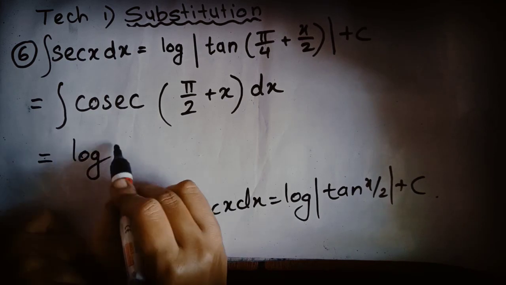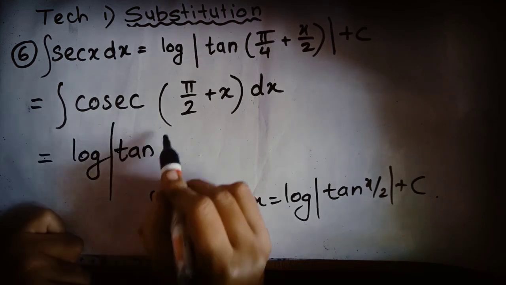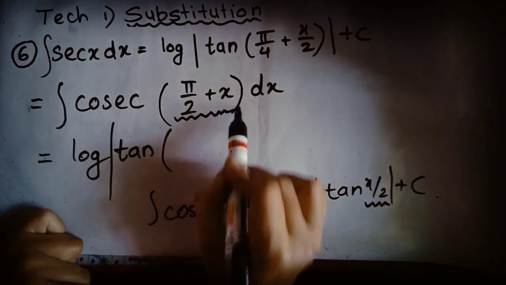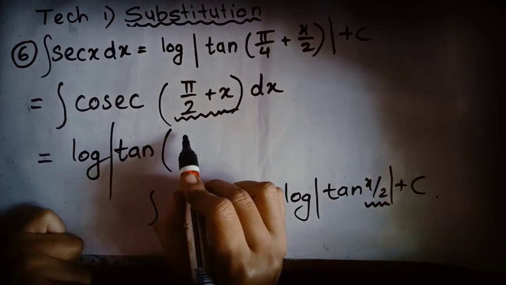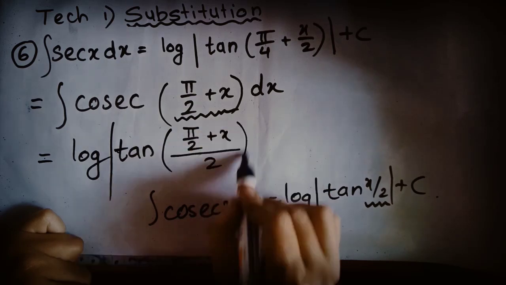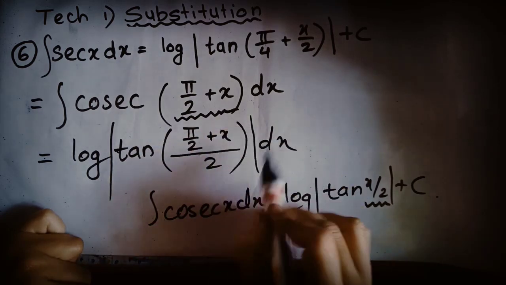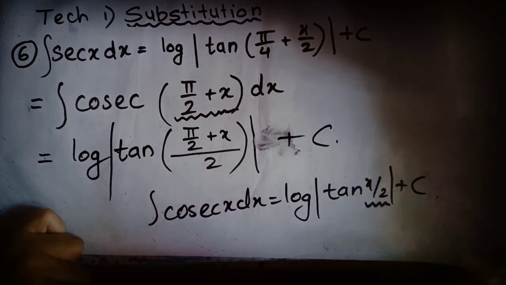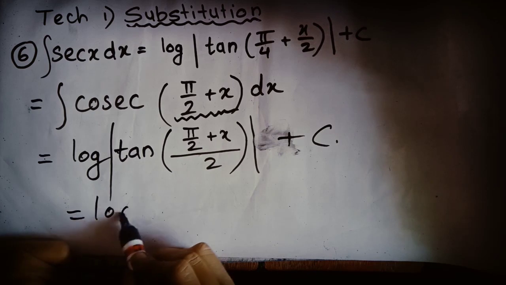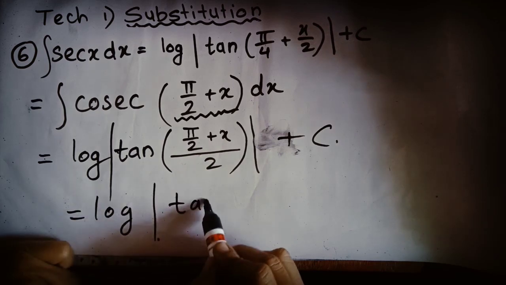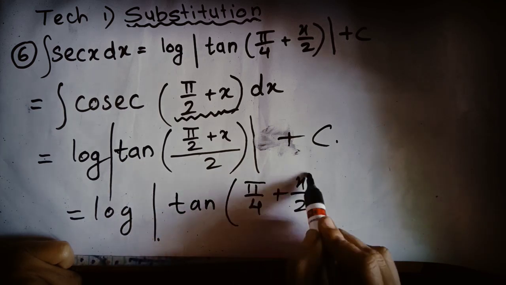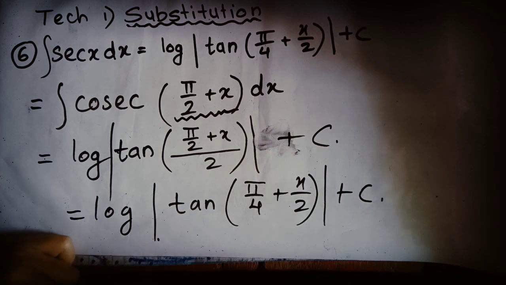So this will be log of tan of pi by 2 plus x, divided by 2, you have to take the half, plus c, not dx, it is plus c. So this will be log of tan of pi by 4 plus x by 2 plus c.